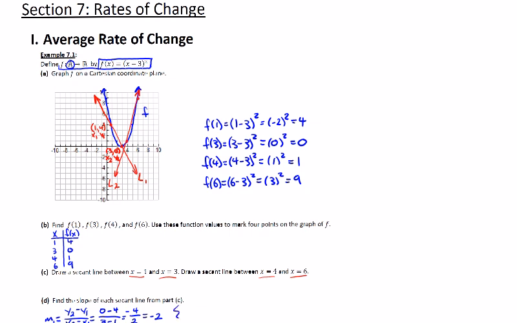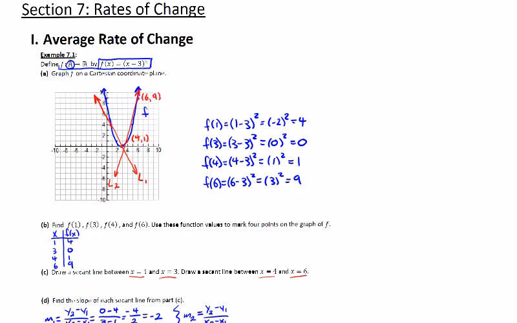I can do the same thing for M2. M2 will also be a y2 minus y1 over x2 minus x1 calculation, but I won't be using the same ordered pairs. Obviously, I'll be using a different set. So let me erase the ones that I have here and clean this up a bit. There we go. The ordered pairs that I'm going to use here are 4 comma 1 and 6 comma 9.